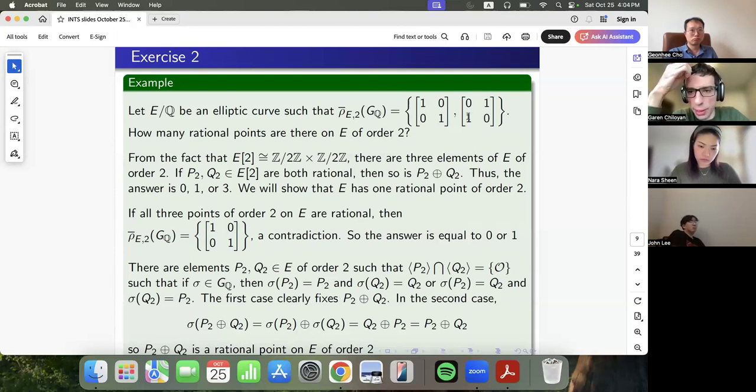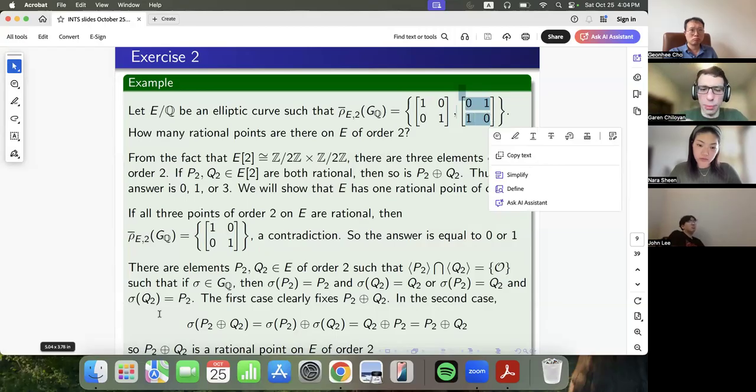Let's say sigma behaves like this matrix, meaning you swap P2 with Q2. You have sigma of P2 plus Q2 is the same as sigma of P2 plus sigma of Q2. I have to swap, so sigma of P2 is Q2, and sigma of Q2 is P2. But because you're in an abelian group, it's the same thing as just P2 plus Q2.